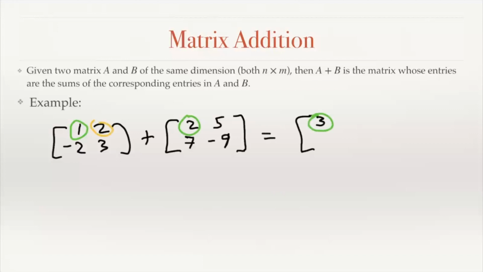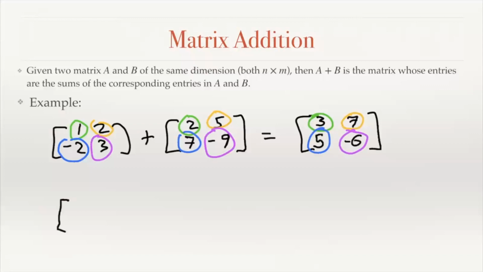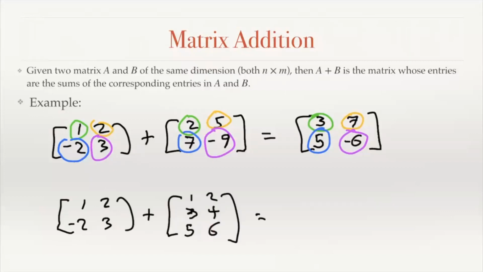Similarly, 2 plus 5 results in a 7, and so forth. And if the matrices are not of the same size, so for example, if we try to add 1, 2, -2, 3, and this matrix, then this just does not exist because they have mismatched dimensions.